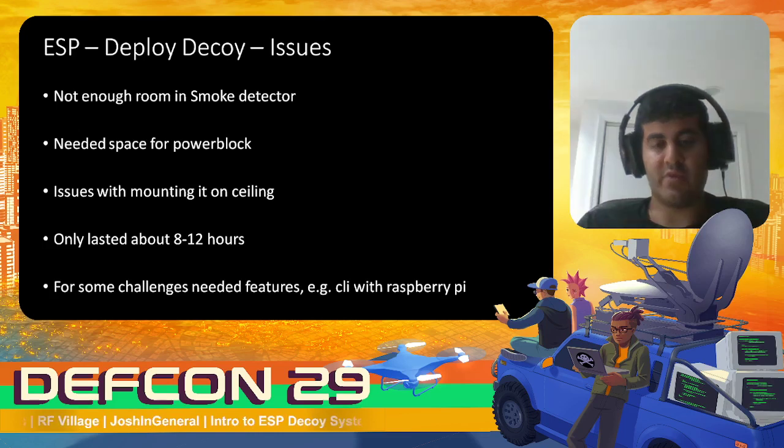Another problem we found is with one of the challenges that has a better ability of being completed overnight. We needed a CLI, something with the interface of a basic device like a Raspberry Pi.